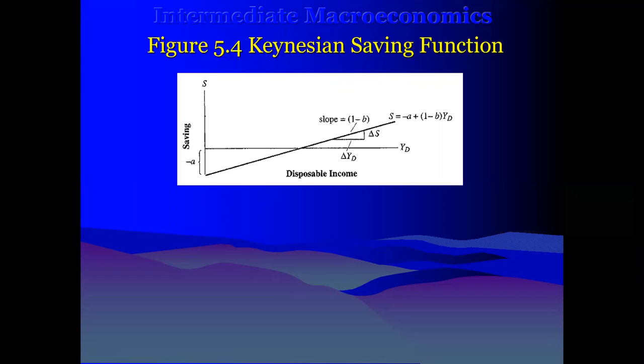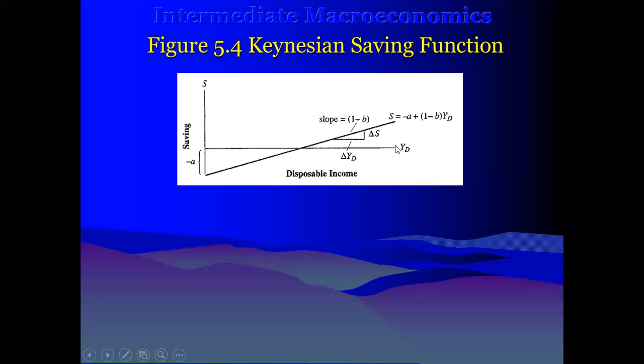That's why the level of savings there is negative. Assuming that you don't have money, but you still have to consume, it means that you are borrowing money. And as you borrow, you are de-saving. That's why the savings function is starting from the negative axis.